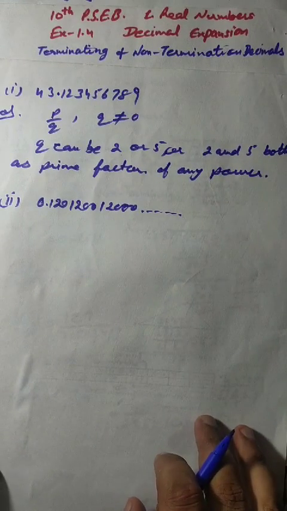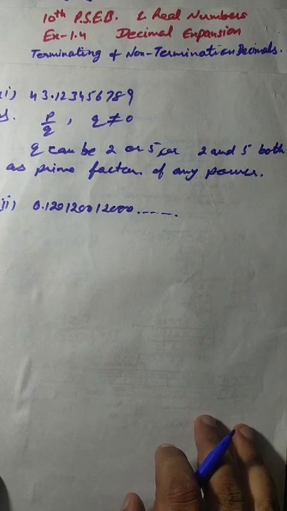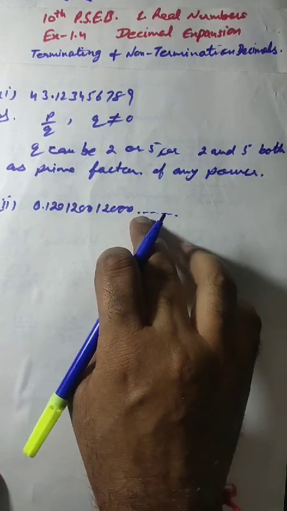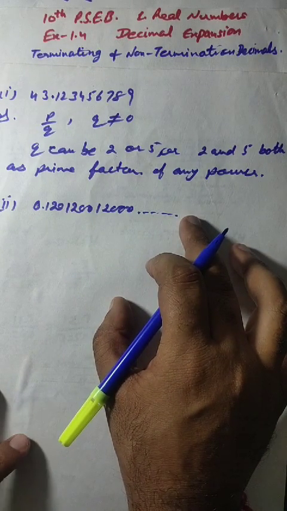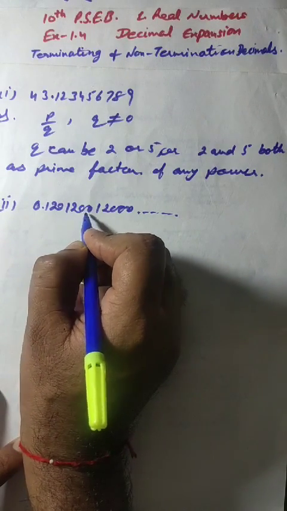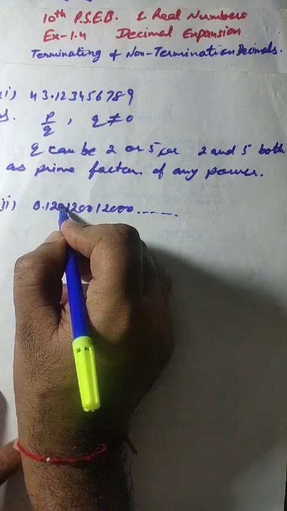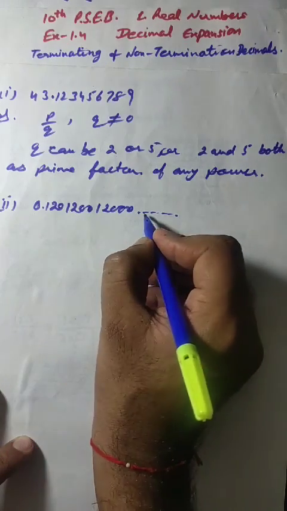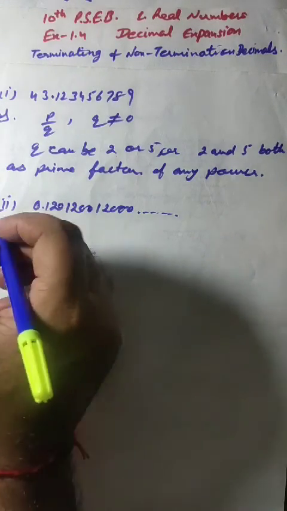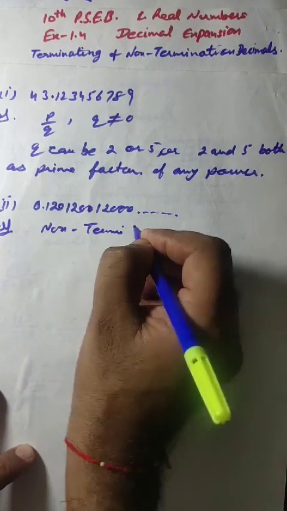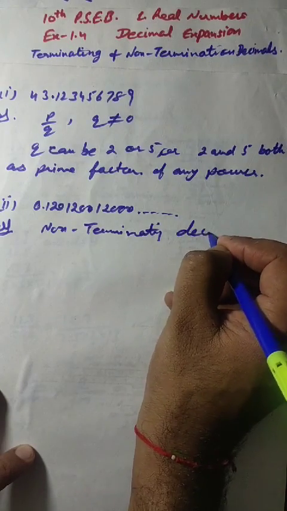Now in this second example, we are given here 1.01001000100001 and so on. This is a non-terminating decimal number because the digits are repeating but not in the same sequence. There is 1 zero, there are 2 zeros, there are 3 zeros. So the term is not repeating properly. So this number will be a non-terminating decimal.